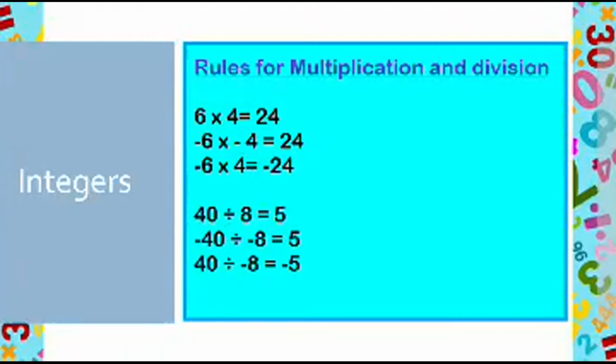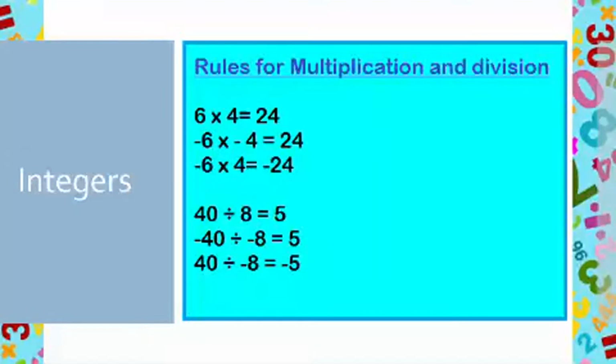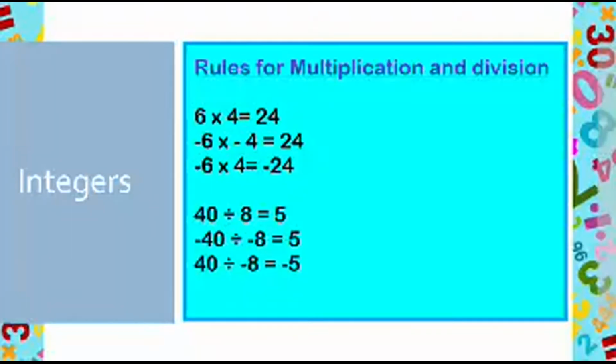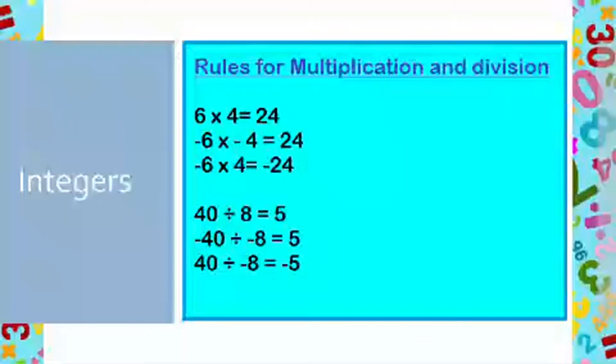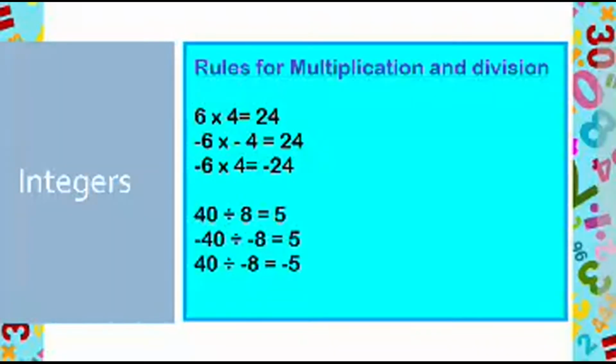No matter what the sign of the greater number is, if even one of the integers is negative, the whole answer is negative. So basically, two negative integers multiplied give you a positive answer. One negative integer multiplied gives you a negative answer.